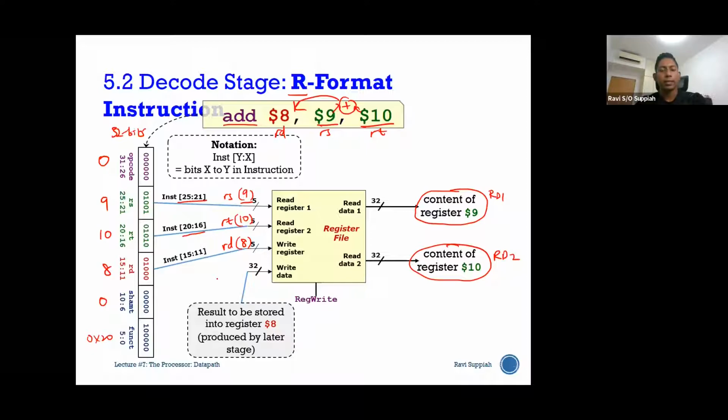We also know that I'm going to write back to register 8, so that is already specified over here. But the data to write back will come later. We already know that we need to write back to register 8.